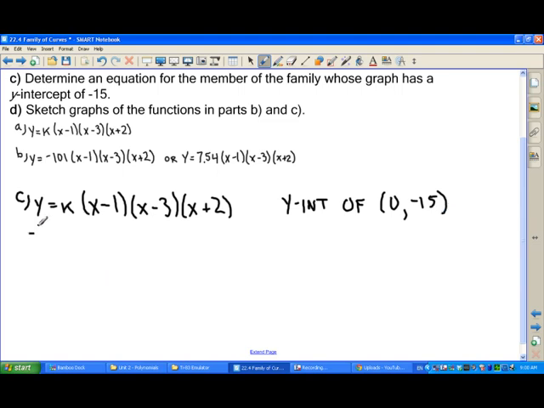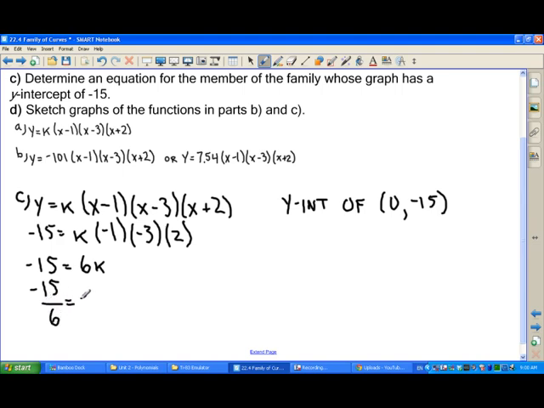So I sub negative 15 in for y, and I can sub 0 in for x. So my equation becomes negative 15 equals 6k. So dividing, my k value is negative 15 over 6.